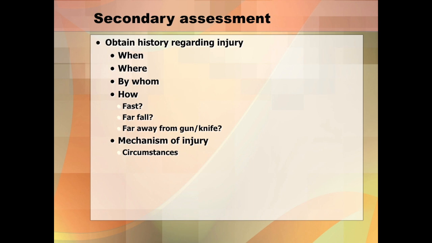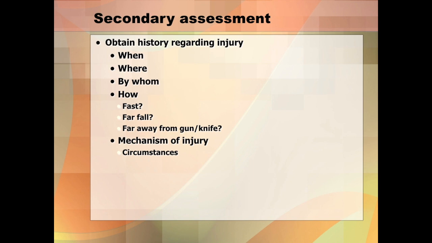That's where we don't work alone, and there might be a second or a third person who starts to ask the questions, because we need to know, when did this injury happen? Where did it happen? Who discovered this person? If there was a stabbing or a gunshot wound, well, who did it? Do we have any idea? If they fell, if they were hit by a car, how fast was the car going?